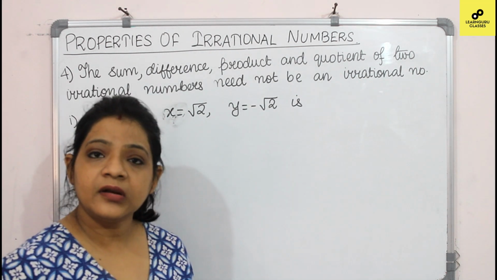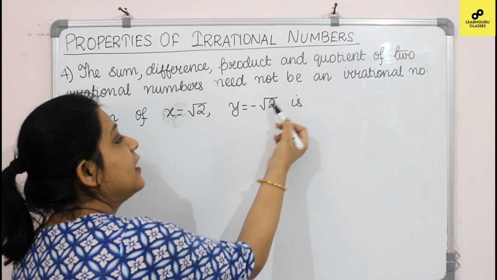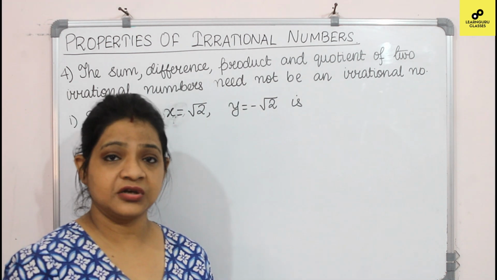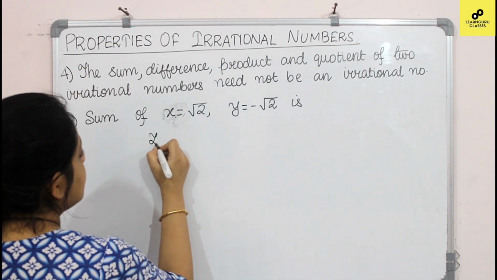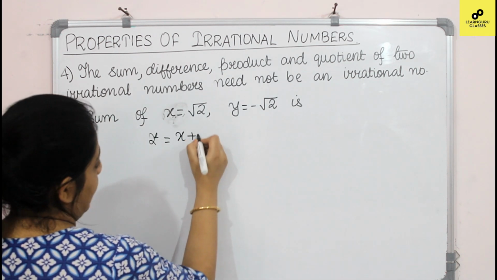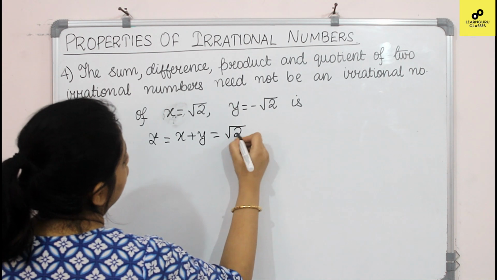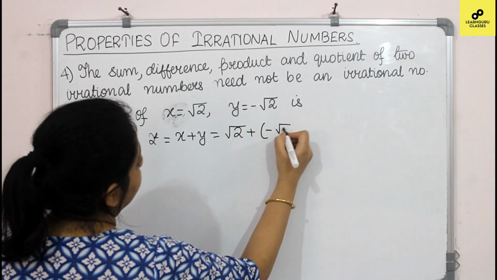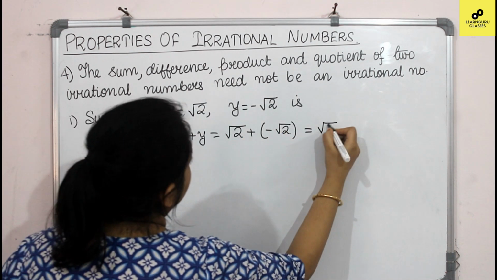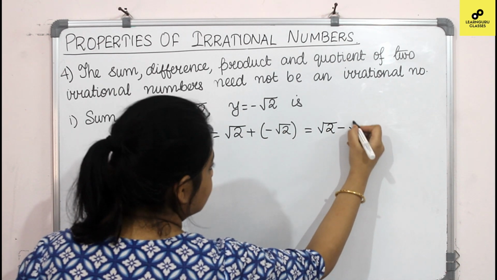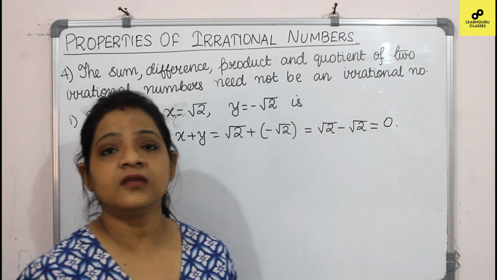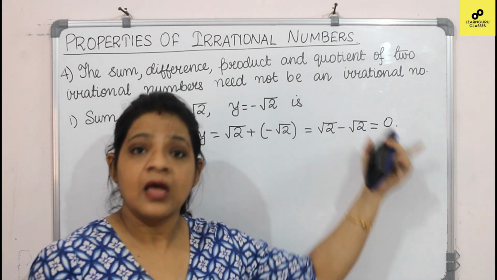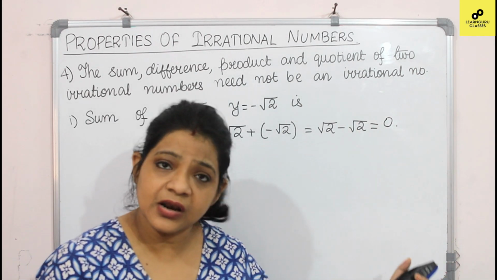Minus root 2 is also an irrational number, because the negative of any irrational number is also an irrational number. So z equal to x plus y, that is root 2 plus minus root 2, so that is 0. So what type of number is 0? 0 is a whole number, and whole number means it is a rational number.